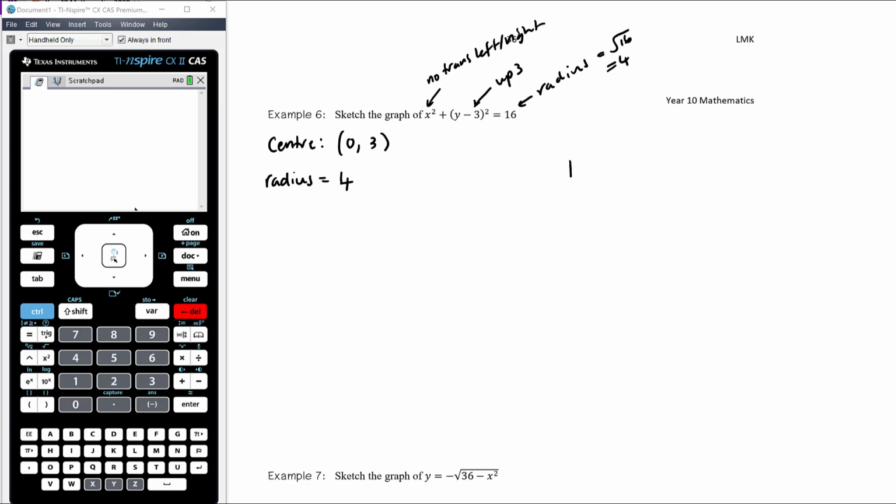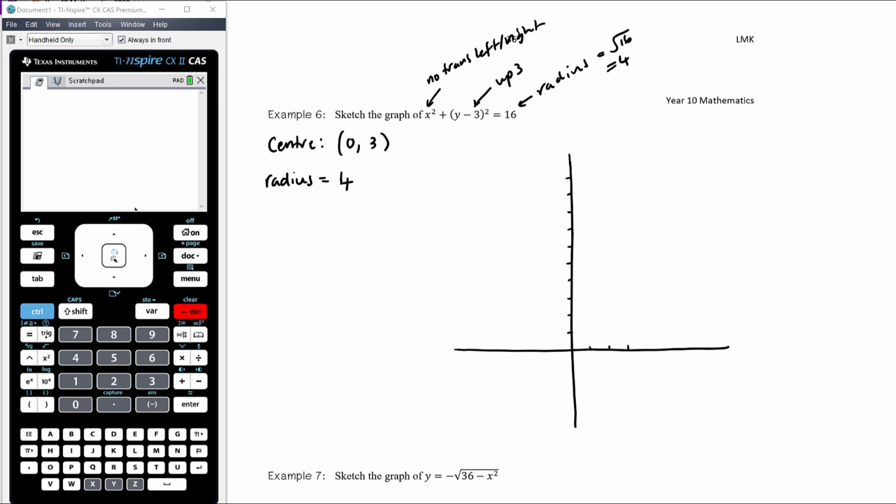It's not gone left or right, so it's all going to be centred around the y-axis. So 1, 2, 3, 4. Oh, I forgot, I've got such a big radius. Let me make them smaller. So 1, 2, 3, 4, 5, 6, 7, 8, 9, 10. That'll do me.